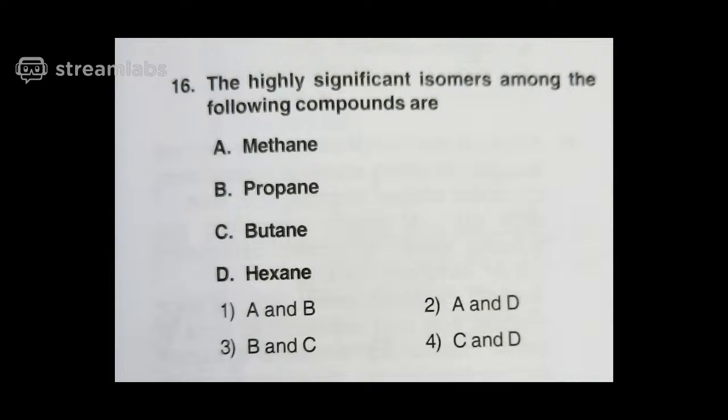Now, when you look at the 4 examples, methane, propane, butane, hexane, which will show the isomers, that means different structures among the 4?